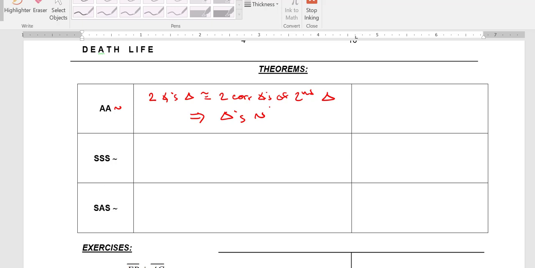And you can go ahead and just write AA similarity. Please use reference numbers like we did in all the previous proofs we're doing with the congruent triangles. Okay?